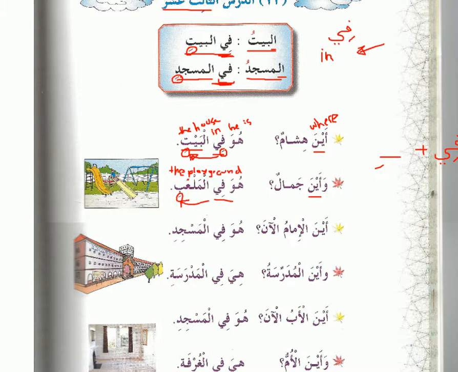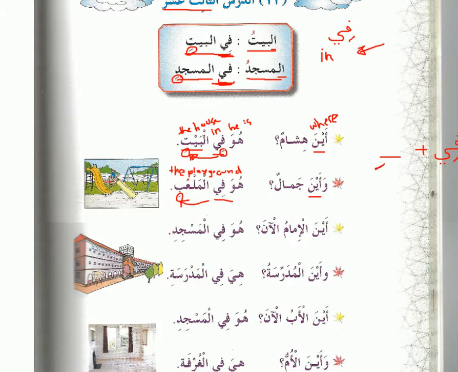So when you want to say in, you use fi, and you always have a kasra. The noun after has a kasra because of the fi, and there's 10 other words like this, these words always make a kasra. Instead of a dhamma that we've always been using, there's going to be a kasra now.